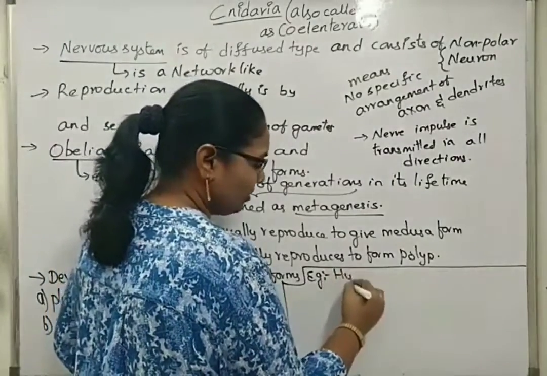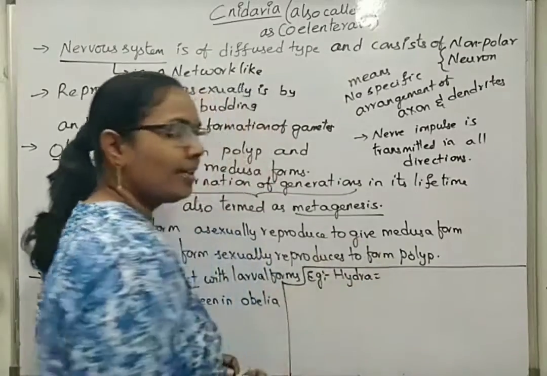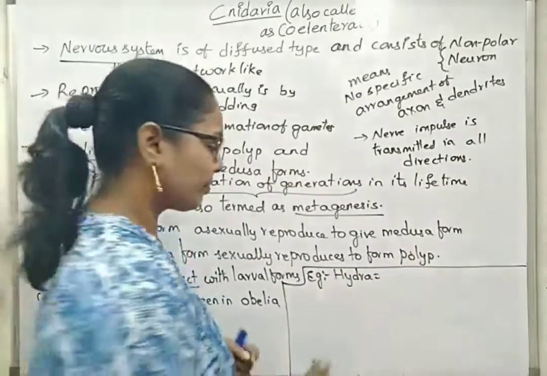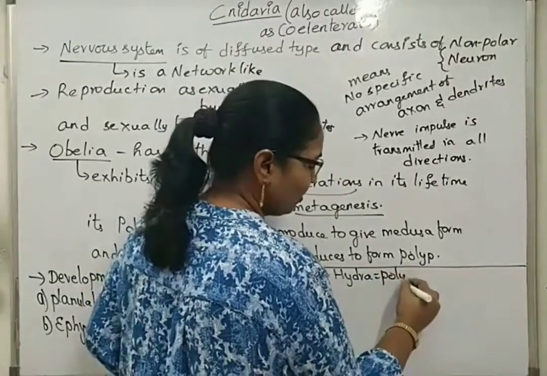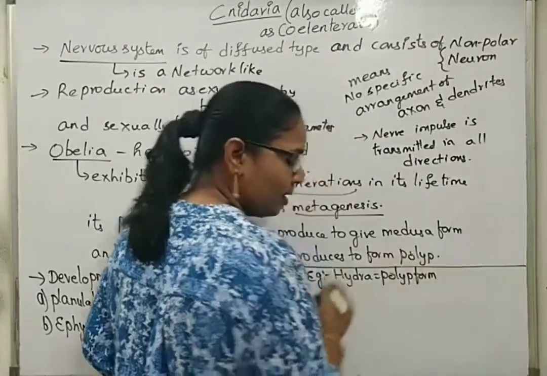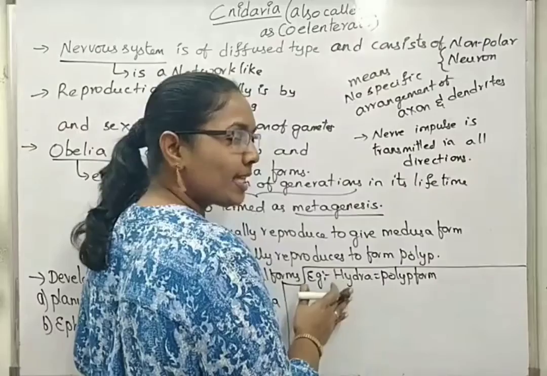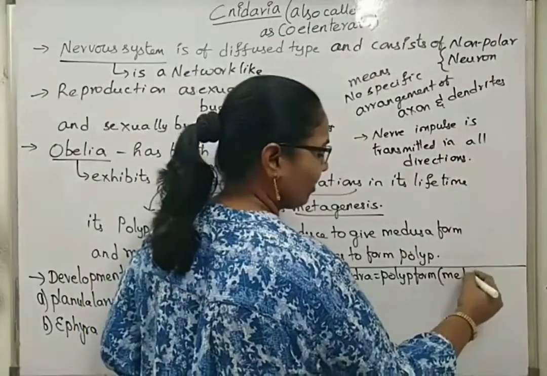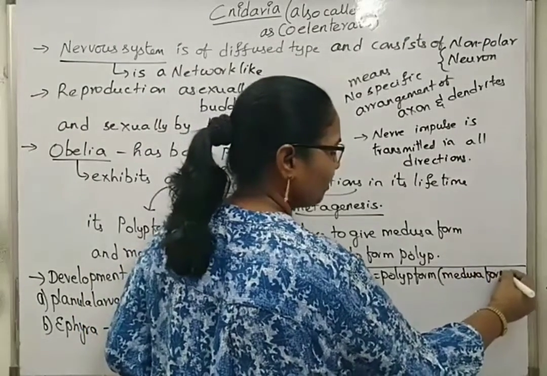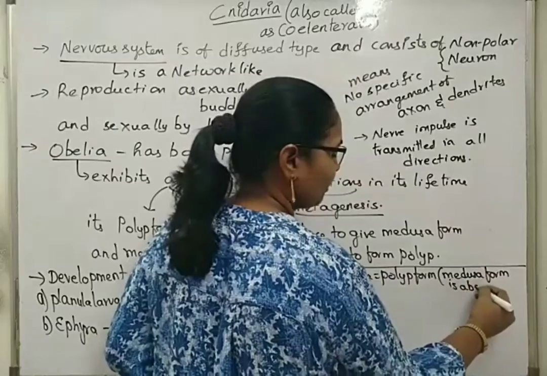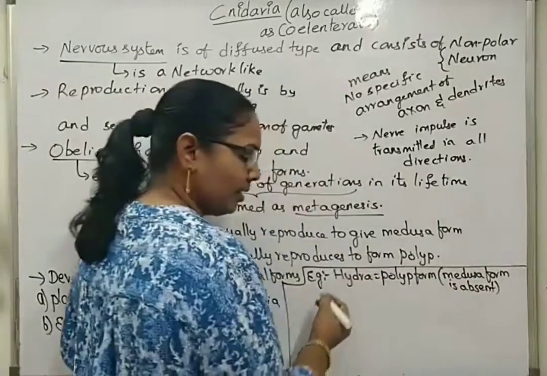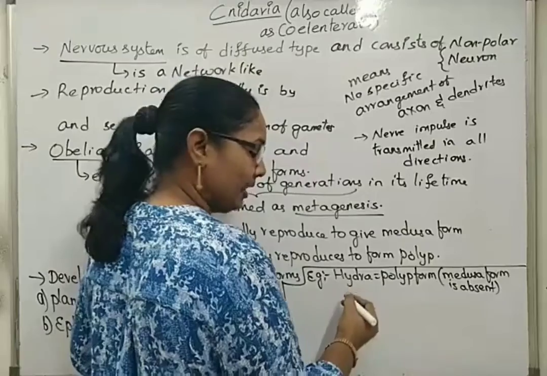So first one, Hydra. Hydra is also termed as polyp form. In this case of Hydra, Medusa form is absent. Hydra is freshwater cnidarian.